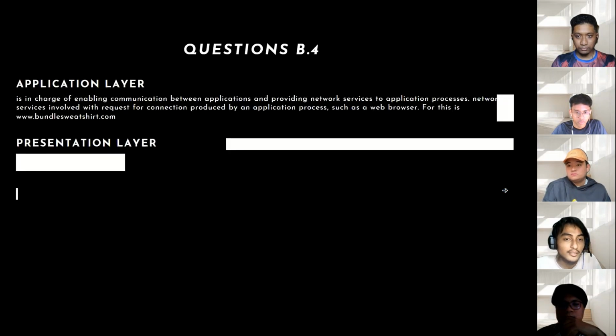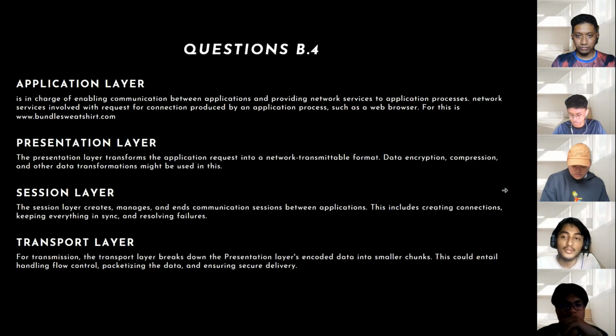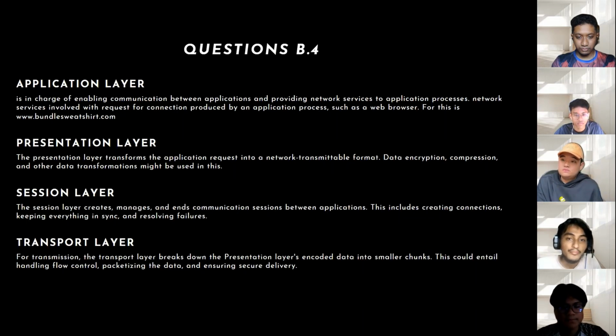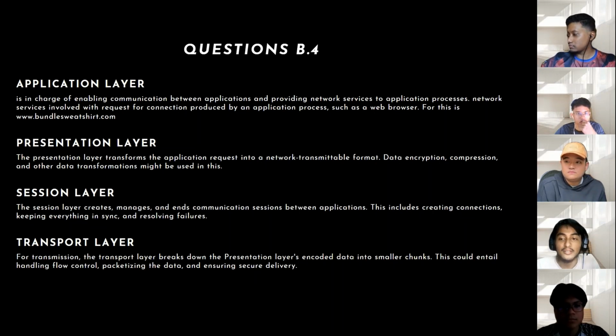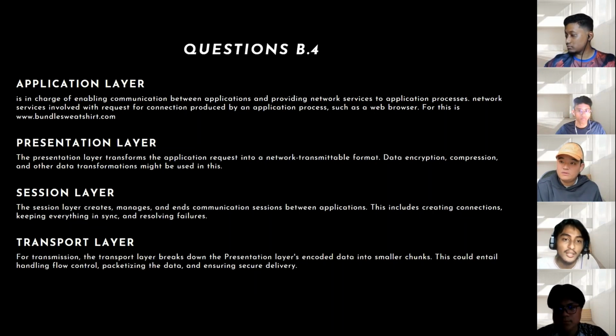Can we go to the next slide? Yeah, all right. So before we need to analyze all the layers up to the application layer. So first of all, at the application layer, which is the layer that connects our device to the network service, we need to request for connection to produce an application process. So for this one, we use the web www.bundlesweatshirt.com to request for connection.